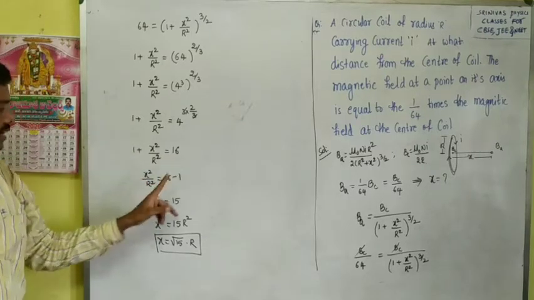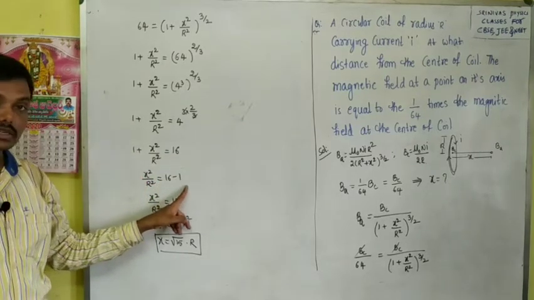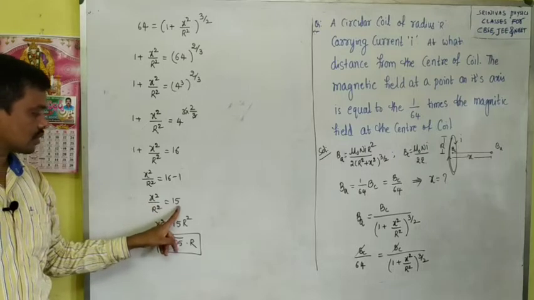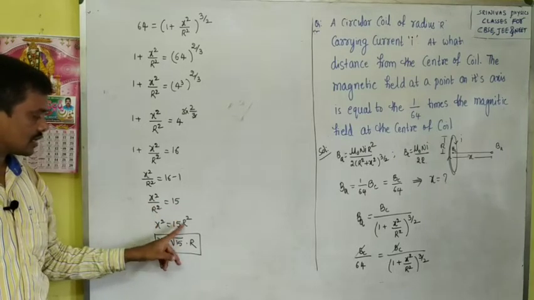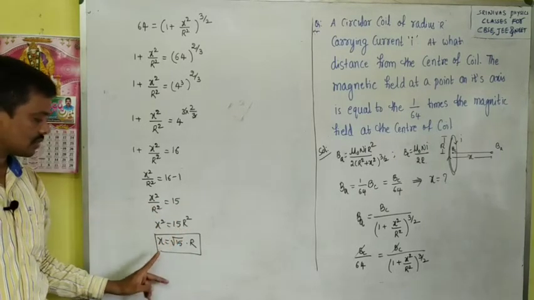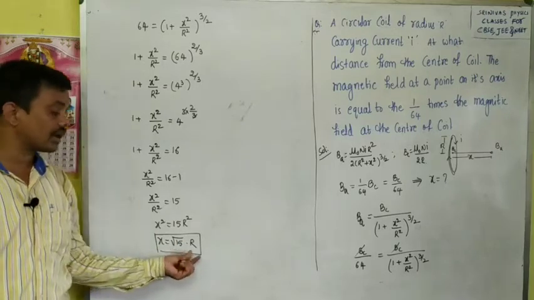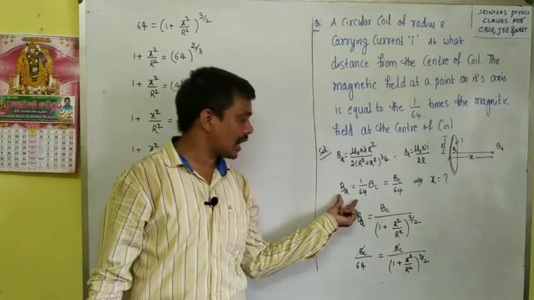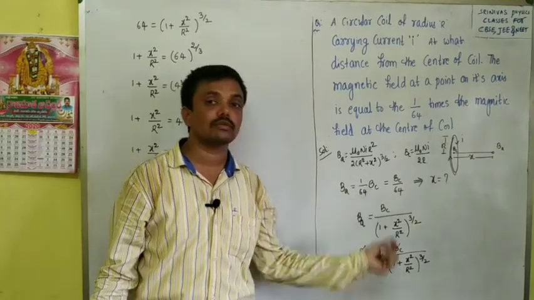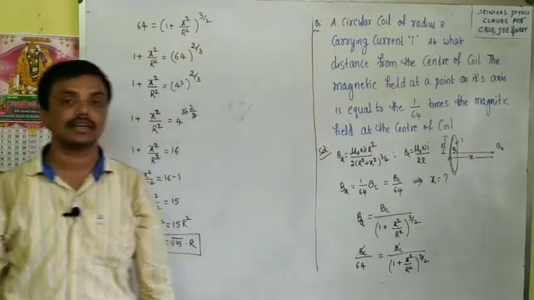Then we take 1 to the right side: x square by r square equals 16 minus 1, so x square by r square equals 15. Then r square is taken to the right side: x square equals 15 r square. Then x is equal to root 15 r. That means at a distance of root 15 r, the magnetic induction on the axis becomes 1 by 64 times the magnetic induction at the center.